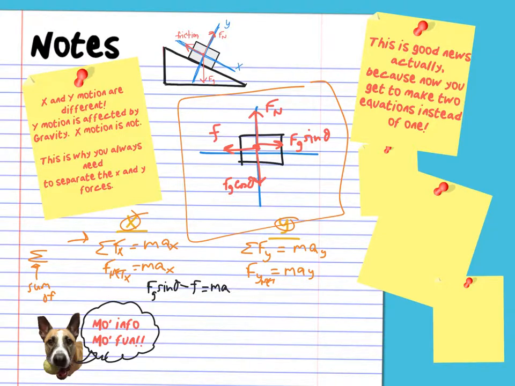Now, some of you may add up all the forces and then put the negatives in there with your numbers. Totally fine. Some of you may put your negatives in when you're writing your equation. Totally fine. You just need to make sure that you do one or the other.